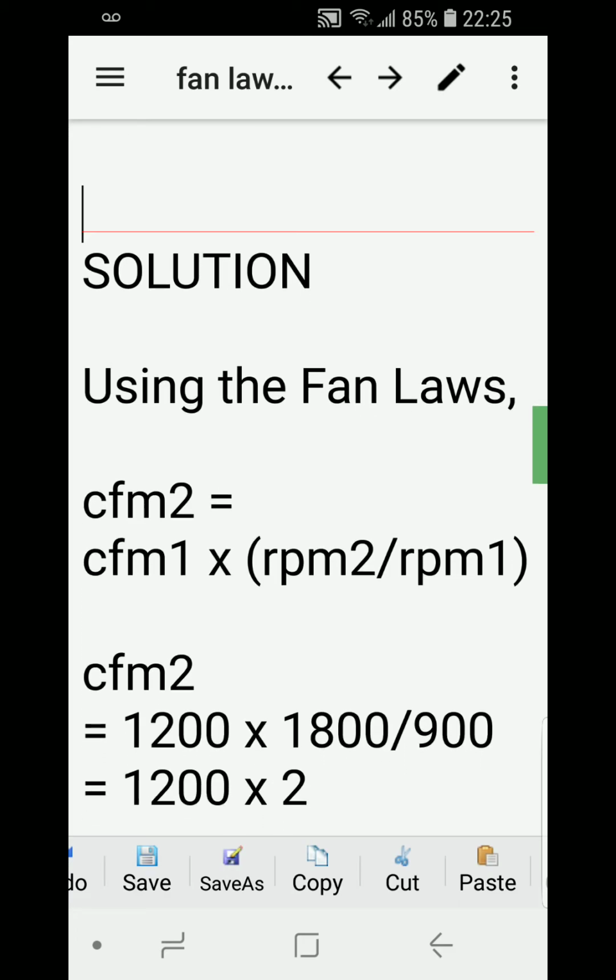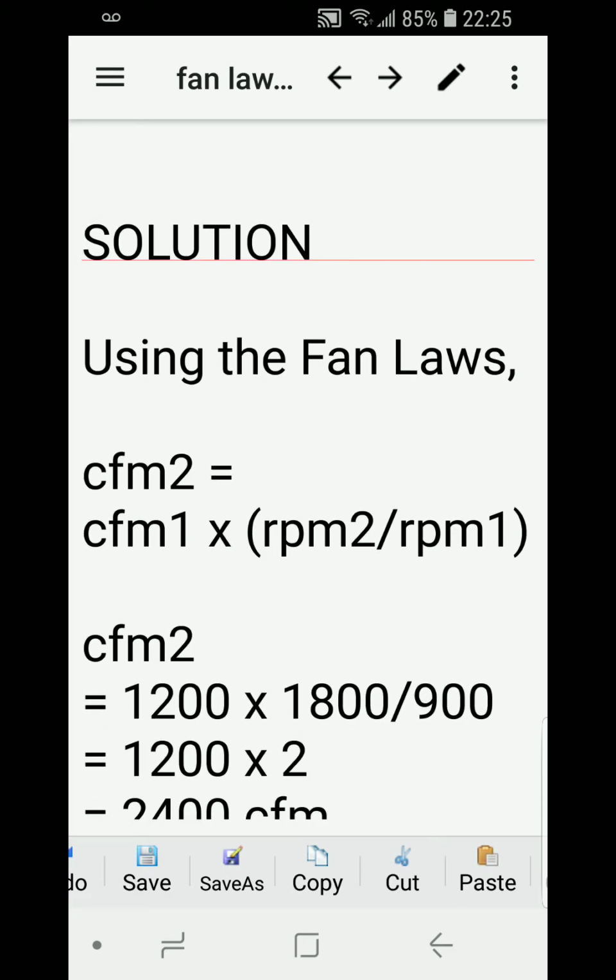So the solution, we use the fan law. So for CFM, it's a direct proportion.